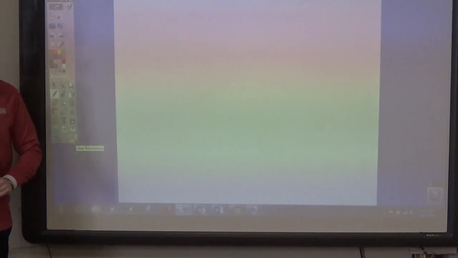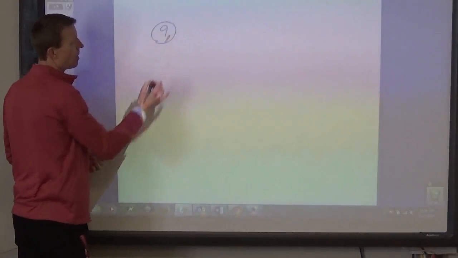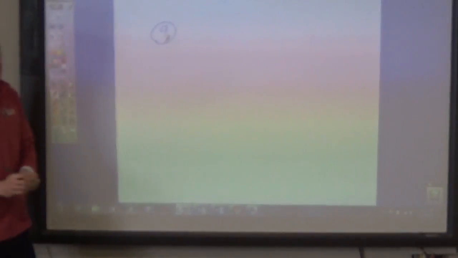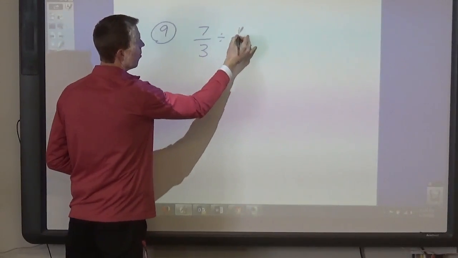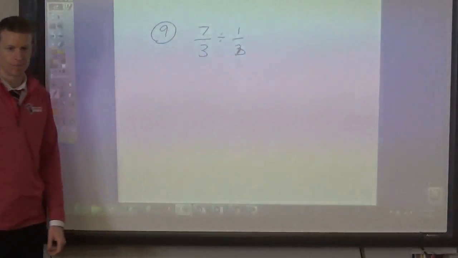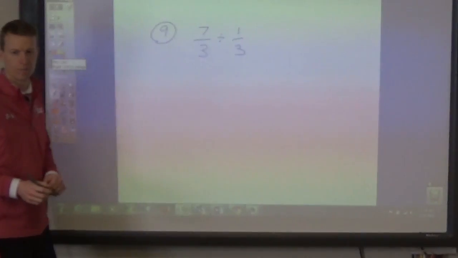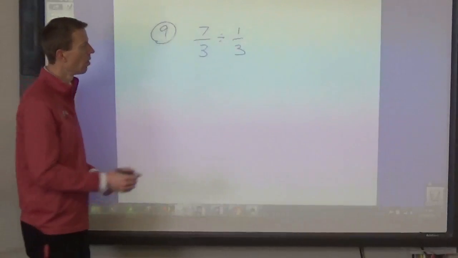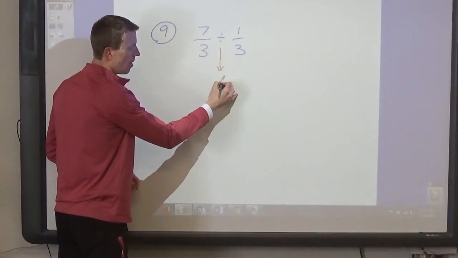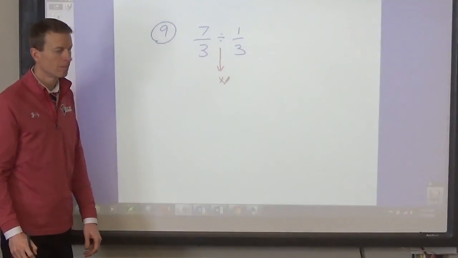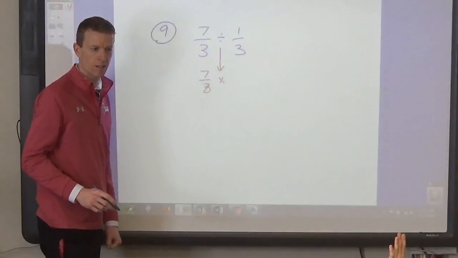So, for example, let's do number 9. That one is part of your assignment. Number 9 gives us 7/3 divided by 1/3. Okay? So, change it to times. Do 7/3 times what? 3.